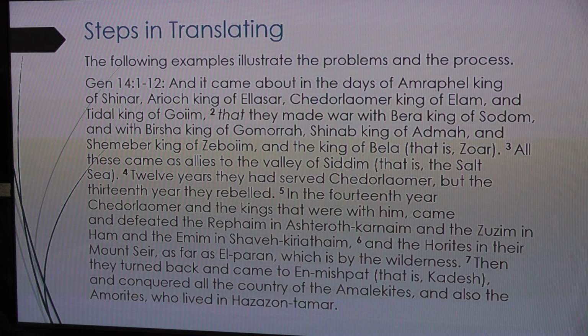They may not have been very big, but somehow these four kings had enough soldiers to not only take over, but also to take goods and people. So they still had a large number of soldiers, big enough to do this. So we're getting the picture of this whole situation.